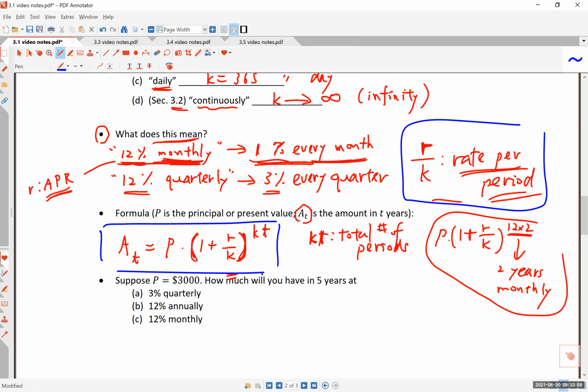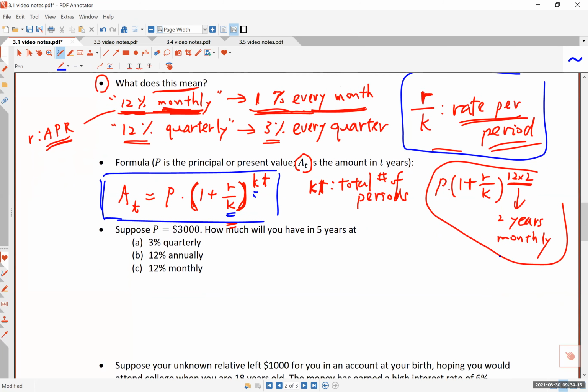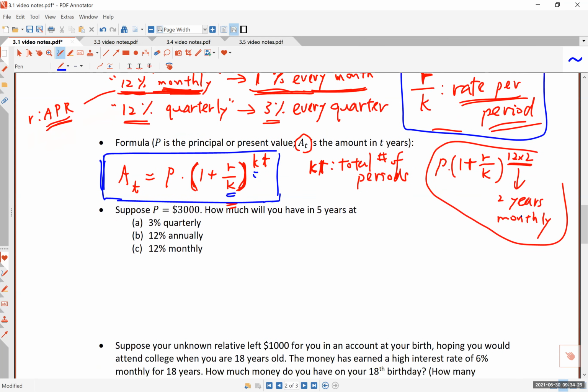And by the way, if K happens to be 1, then you'll have exactly the formula you saw back on page 1. So this is the better version. This includes the annual increase, which you studied on page 1. In that sense, this is more general, which means the first formula you learned was just one application of this more general formula.